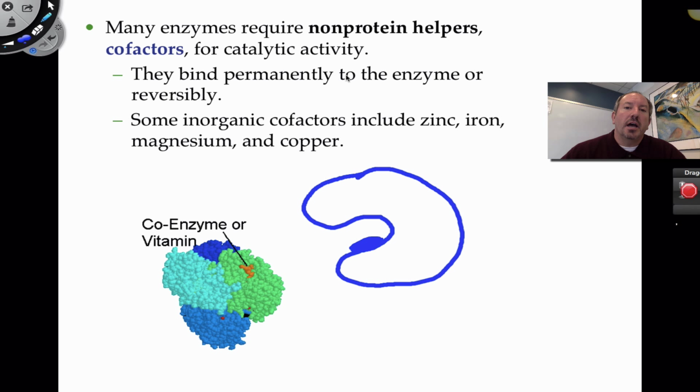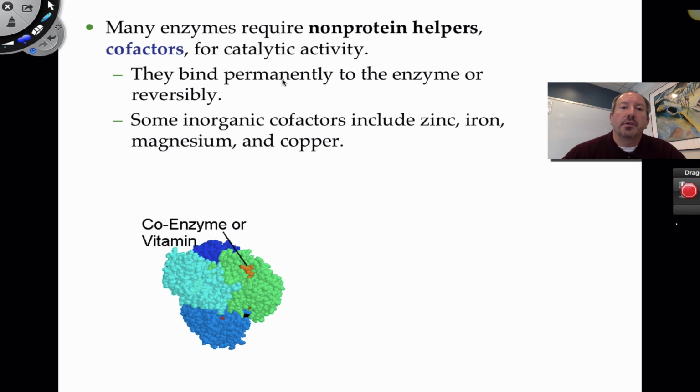Sometimes there are non-protein helpers that affect how well an enzyme catalyzes a chemical reaction. We call these non-protein helpers cofactors or coenzymes.